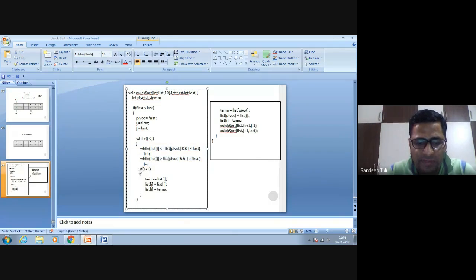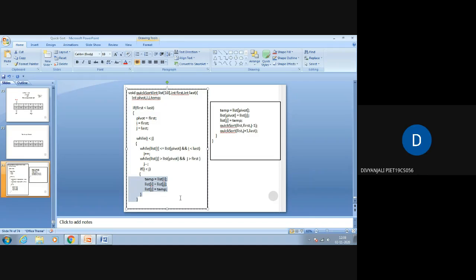Suppose I found something where we need to swap. In that case, what is the condition of swapping? Whenever the value at i is less than j, we will swap it. Yes or no? Yes, sir.